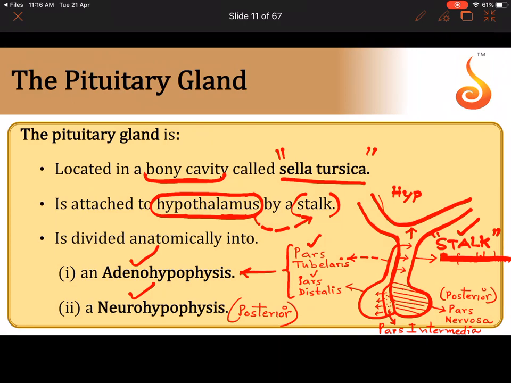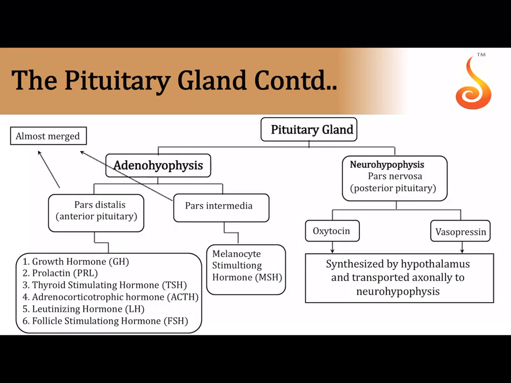Whatever lies above the pituitary gland is the portion of the brain where those special neurons are sitting, and these neurons are called hypothalamic neurons, or neurosecretory cells, because they contain neurohormones; they secrete hormones. Is it clear? So here they have given you a quick review of the different hormones secreted by the pituitary gland.